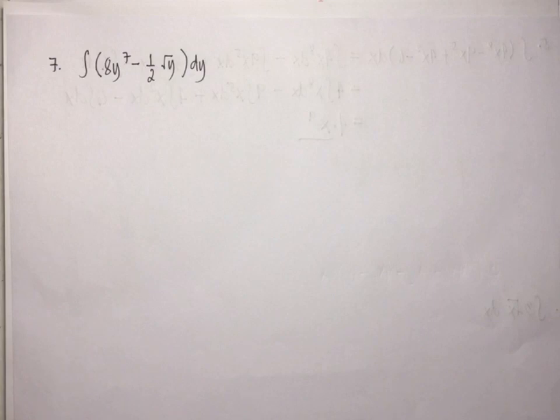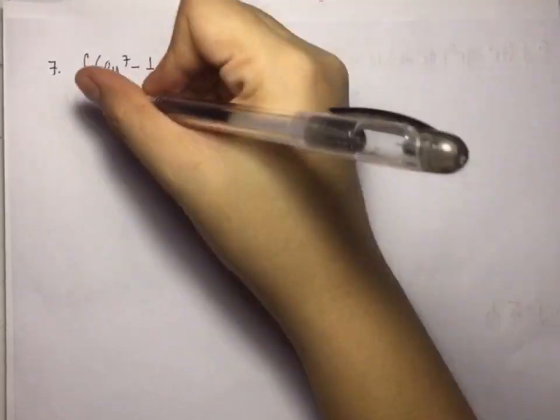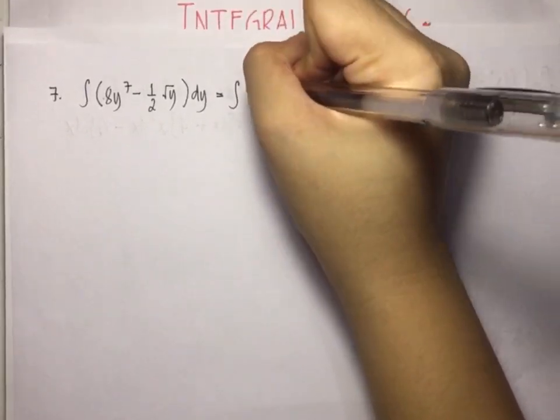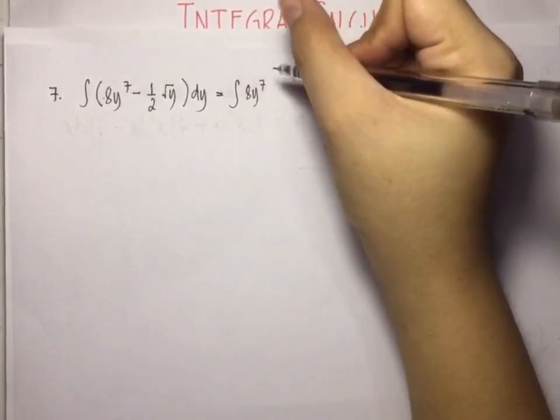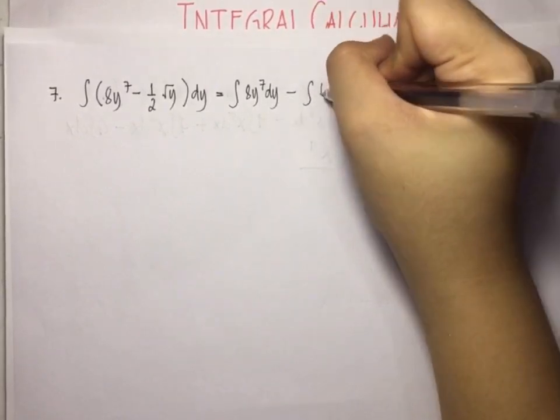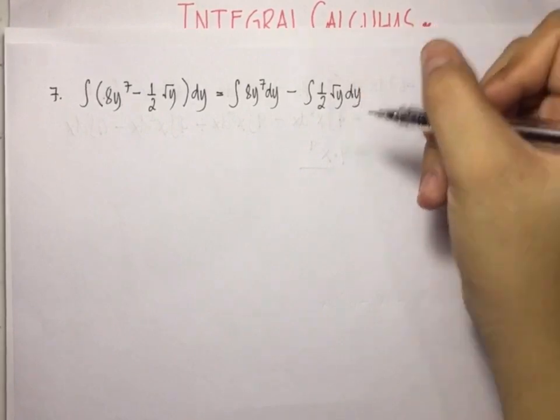So the power rule and the sum and difference rule still apply even if the variable is changed. So first, let's integrate each term separately. So integral of 8y raised to 7 dy minus integral of 1/2 times the square root of y dy.